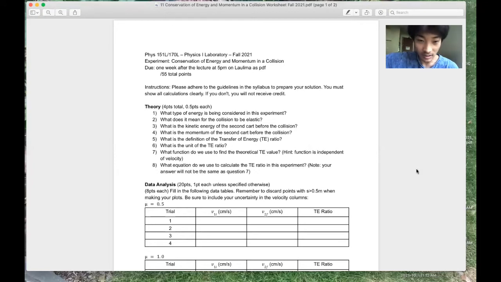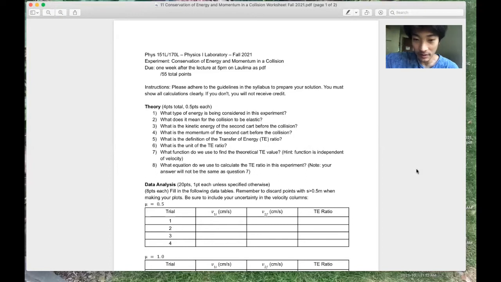That's what this question is asking. So we're going to use the numbers in the spreadsheet to plug into one of these equations for TE, and we're going to use this equation to calculate our experimental TE value.